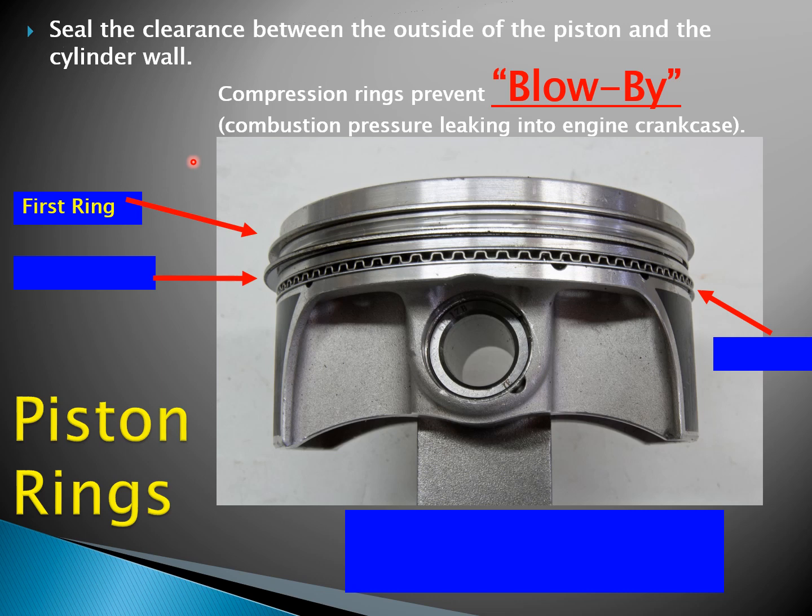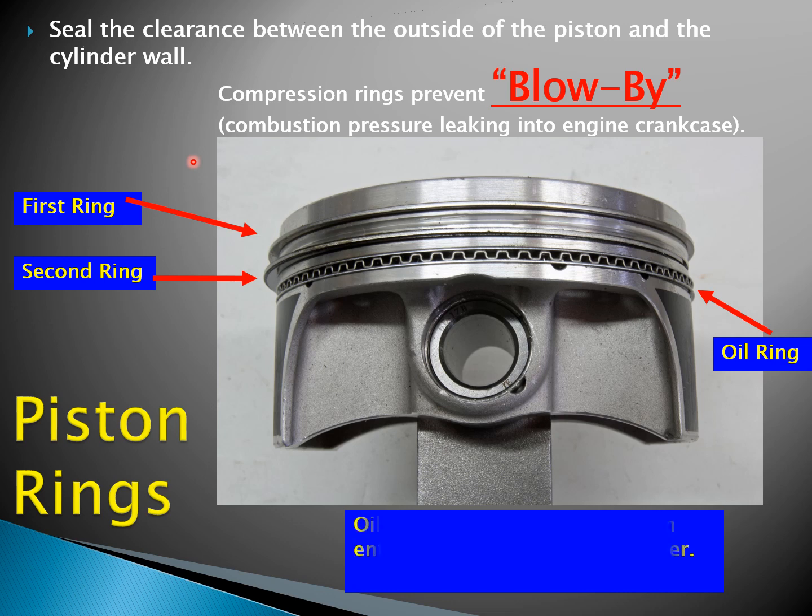All right, so here again is our first ring, and for simplicity, we're just going to use first ring, second ring, and then over here is our oil ring. Now, if we were in class, I would be able to hand these parts out so you could physically look at them, and unfortunately, we don't get that.